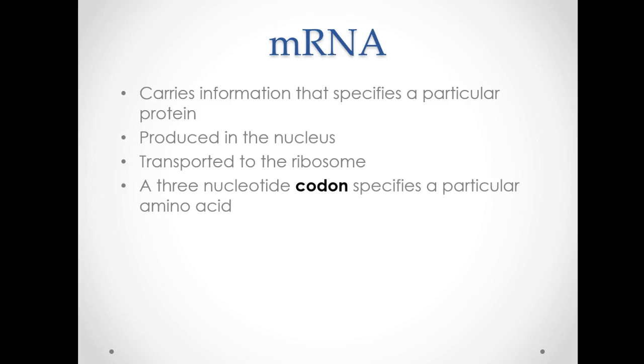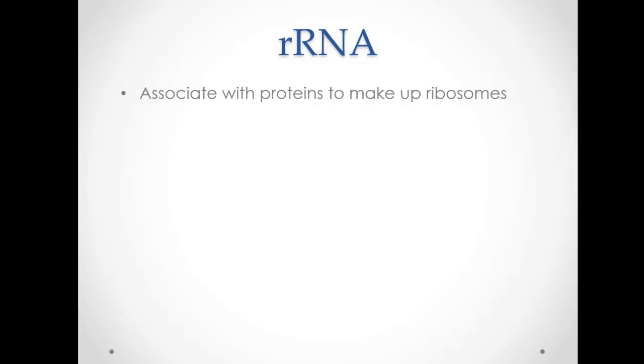So again, going back a little bit, if you remember, proteins are molecules that are made up of different types of amino acids. And the order that we put the amino acids in makes up different proteins. Most of our messenger RNAs are anywhere from 500 to 4,500 bases long. It just depends on how big our protein is.